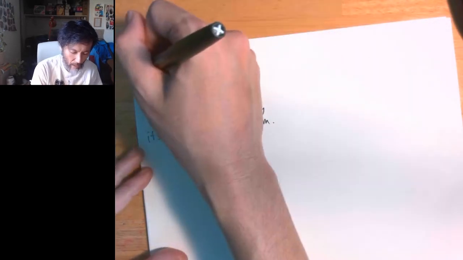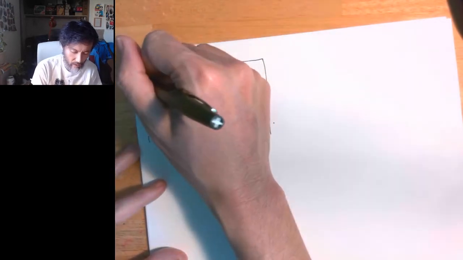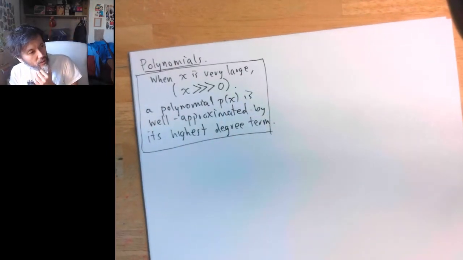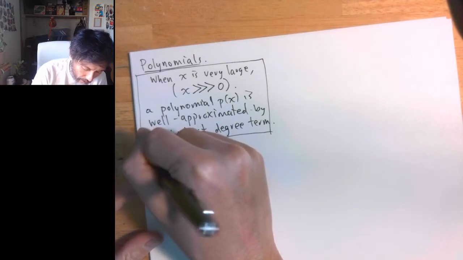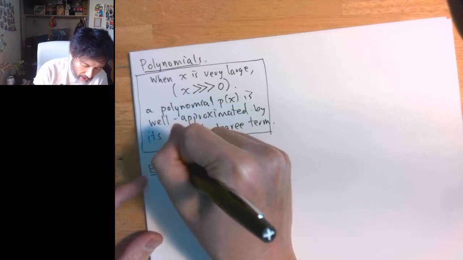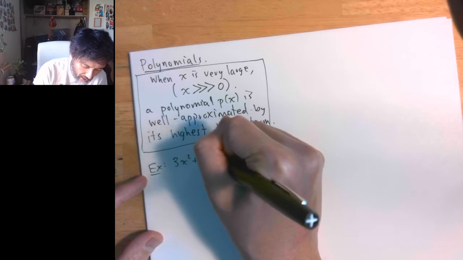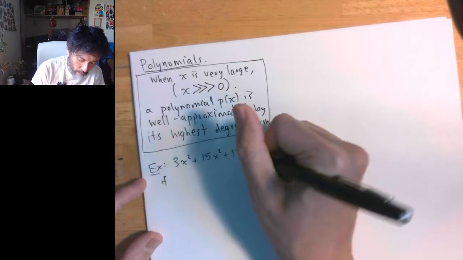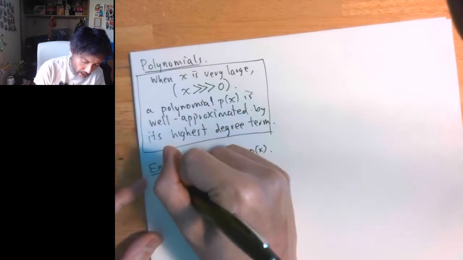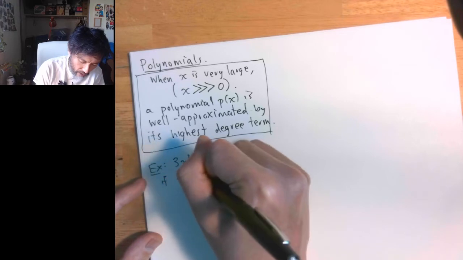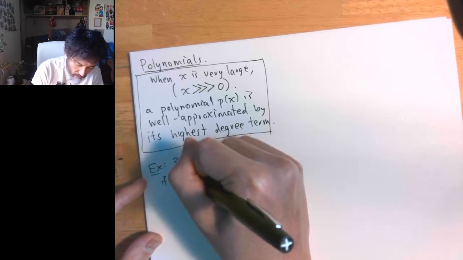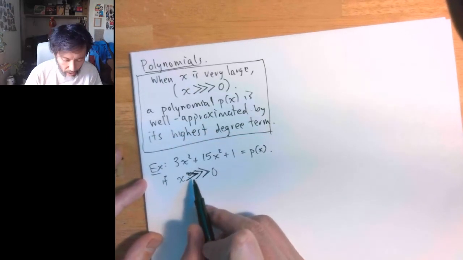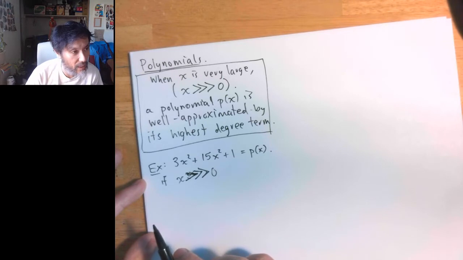This is the fact about polynomials that I think is very important for you to know. So what am I trying to say? For example, if you look at something like 3x squared plus 15x squared plus 1, and we call this p of x, if x is very, very large, so it's not just one alligator that would prefer to eat x, it's actually 3 alligators that would prefer to eat x, okay?